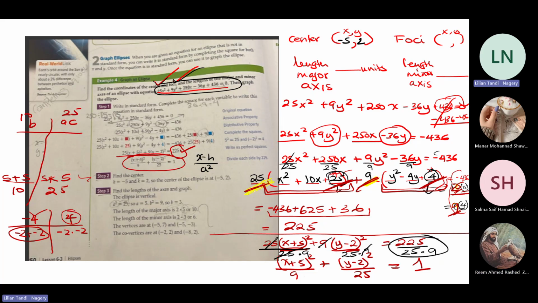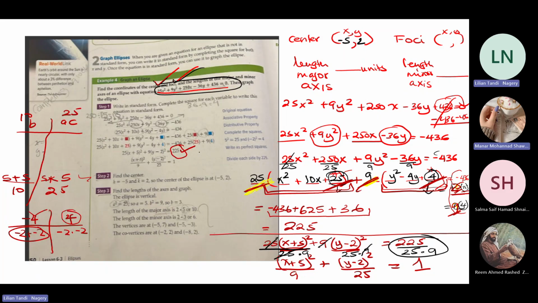No, but the vertical rule says you start with y, and our equation over here is starting with x. Teacher, this is an ellipse, so A is always greater than B, because we know A is the vertices and B is the co-vertices. I agree.